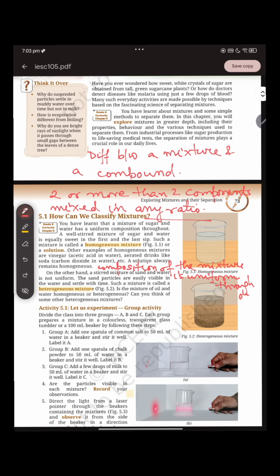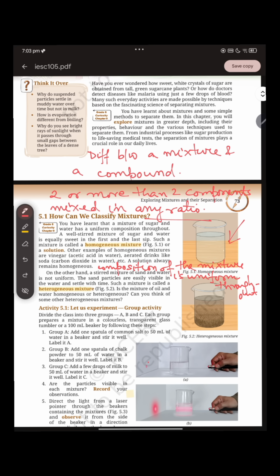Right? Now the question arises, how come the composition is uniform throughout? This is an example of homogeneous mixture which is shown over here, and by this example you can see that there is no layer of separation, there is no particle separation in this particular mixture. Now why?